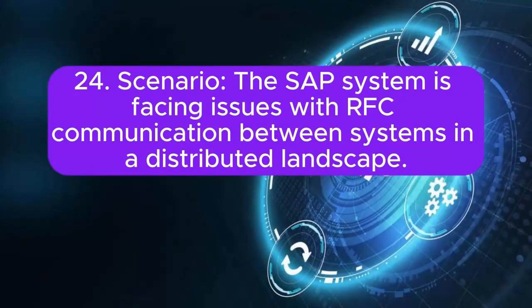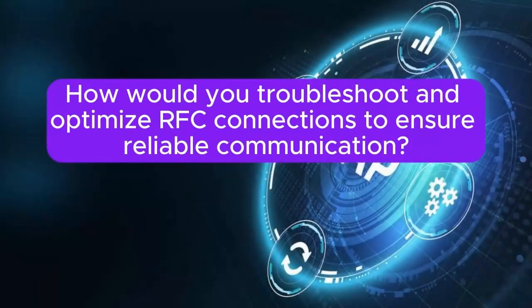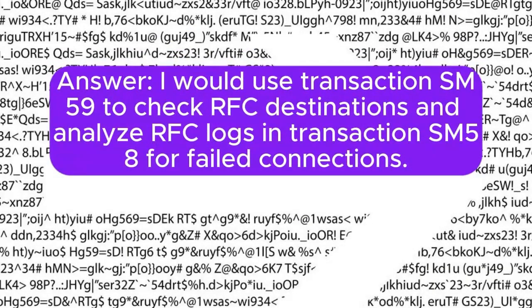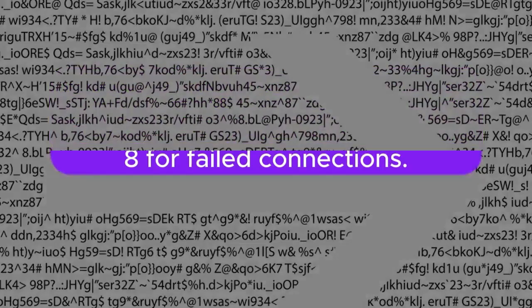24. Scenario: the SAP system is facing issues with RFC communication between systems in a distributed landscape. How would you troubleshoot and optimize RFC connections to ensure reliable communication? Answer: I would use transaction SM59 to check RFC destinations and analyze tRFC logs in transaction SM58 for failed connections.